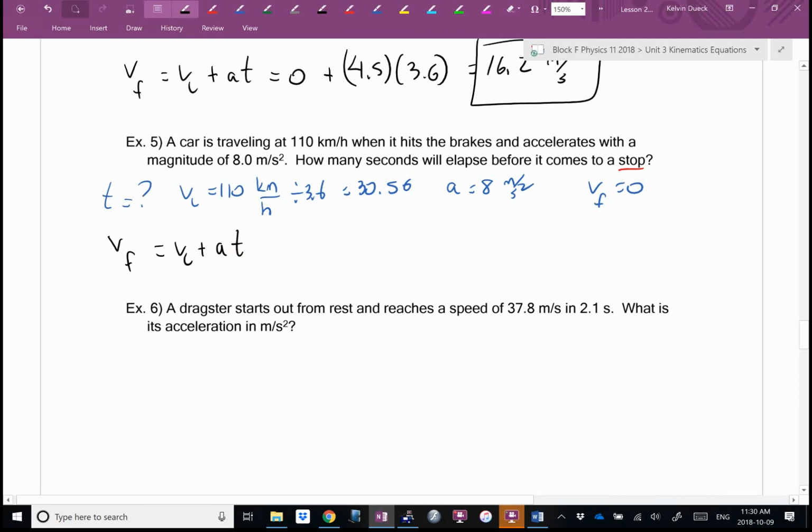See where the t is? Right there. I need to take care of the a. I need to take care of the vi, but I'm going to do reverse BEDMAS. I'm going to do my adding and subtracting first. So I need to take care of this vi. How would I move the vi over to this side? Subtract. And so what you're going to get is vf minus vi.